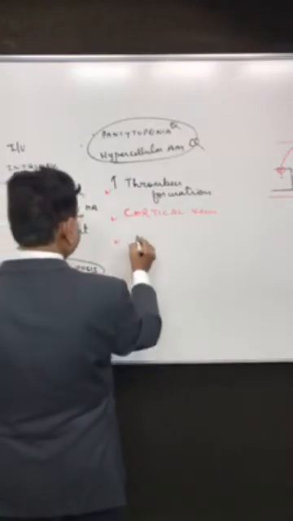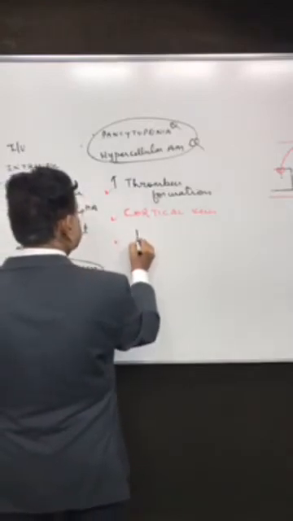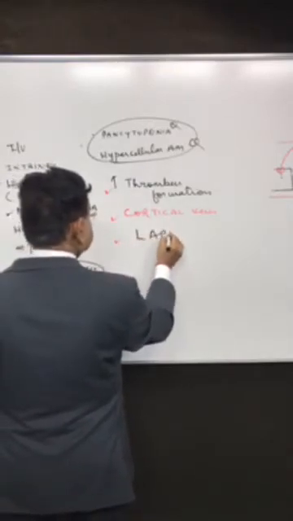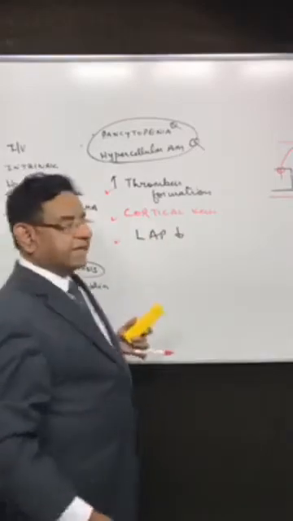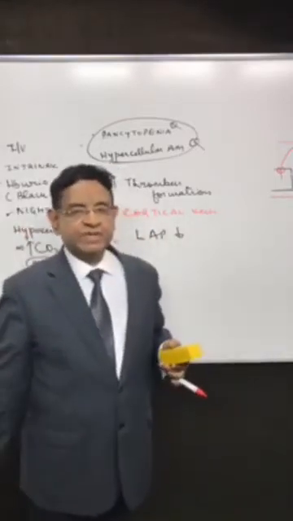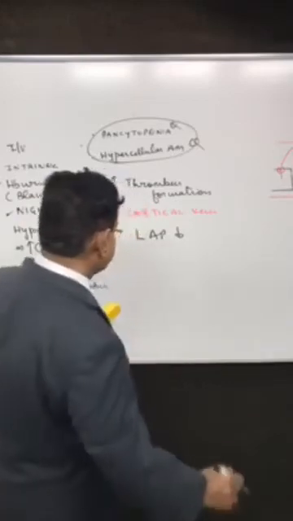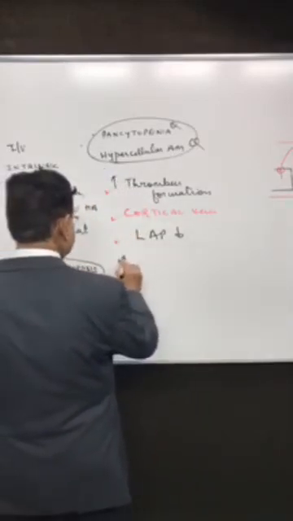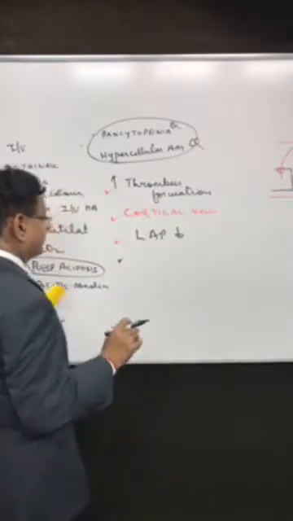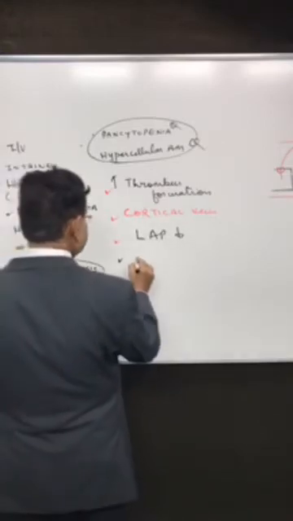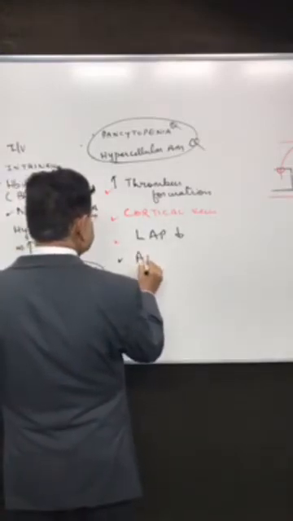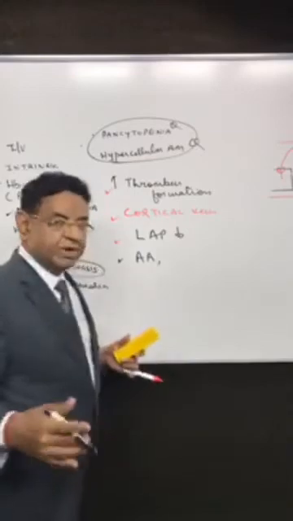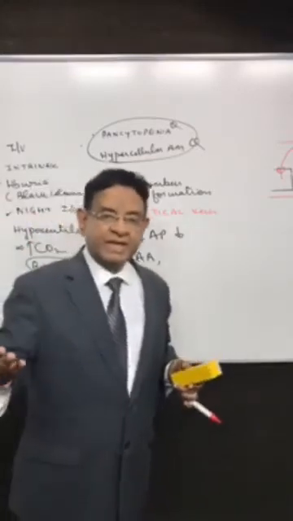What else do we get? In this case, the LAP score, the leukocyte alkaline phosphatase score, is reduced. It's a very frequently asked question. And what else is there? In these patients, aplastic anemia can develop. Bone marrow failure can happen.